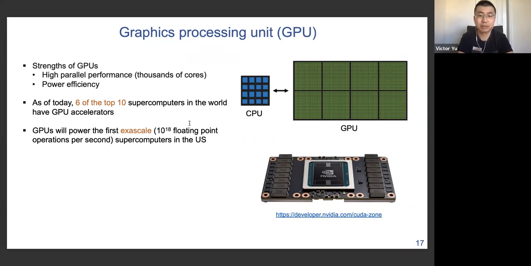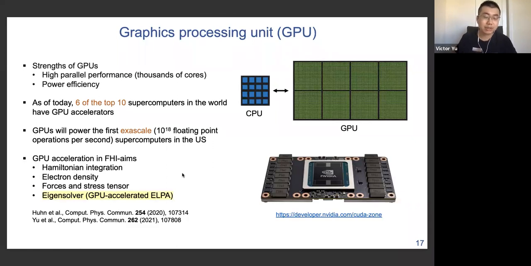As of today, more than half of the top 10 supercomputers are equipped with GPU accelerators. And I think there will be more in the near future, because it has been announced that GPUs will power the first exascale supercomputers in the United States, which means that in the near future, we can do 10 to the 18th floating point operations per second thanks to GPUs.